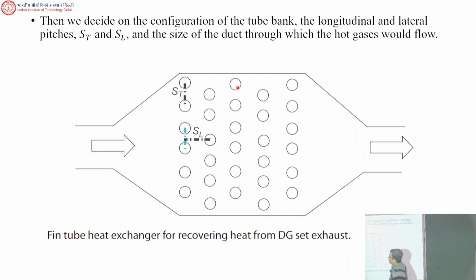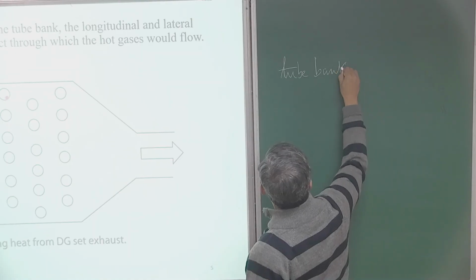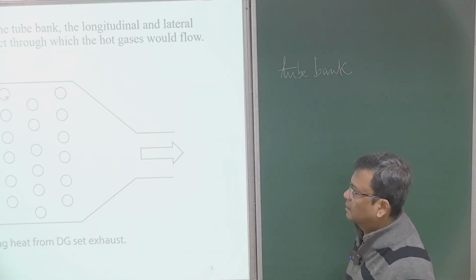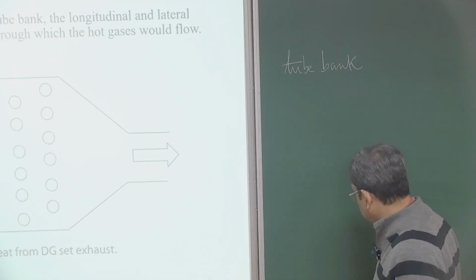Okay, so what you have is the flue gas from the DG set coming and flowing over this tube bank. So the terminology that we use is tube bank. Okay, this bank of tubes.